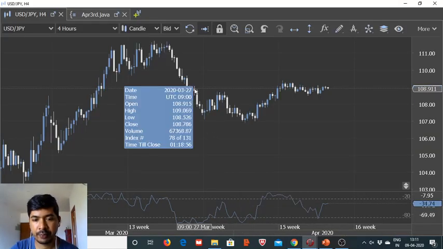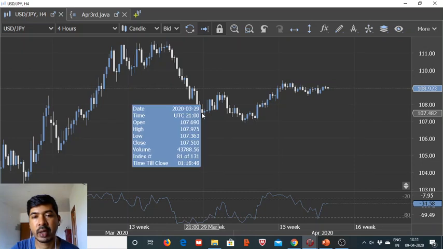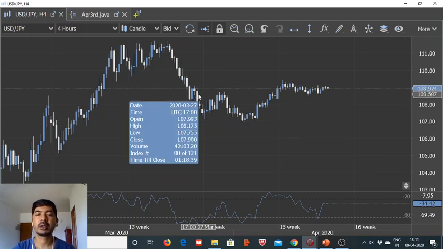Now we want 1 2 3 4, so this candle's open price and this candle's closing price. If we subtract this candle's close from this candle's open, the difference should be more than 100% of the ATR.